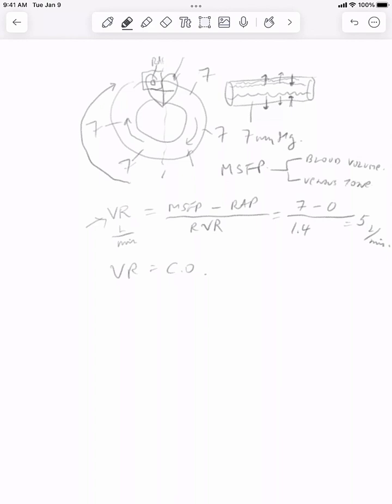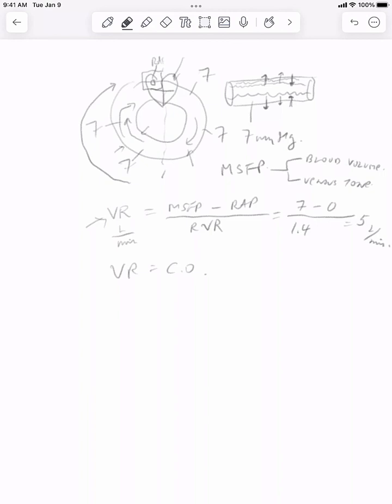Okay, so if we increase the venous tone through venous constriction, we're going to increase the mean systemic filling pressure because of the squeezing, pushing more blood back to the heart.